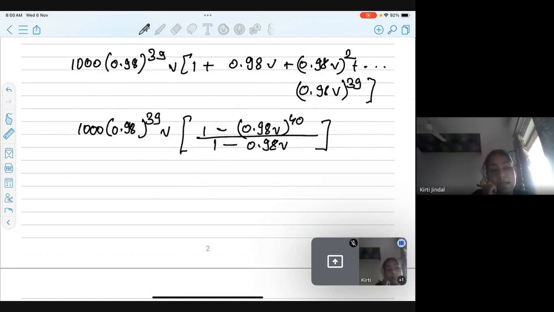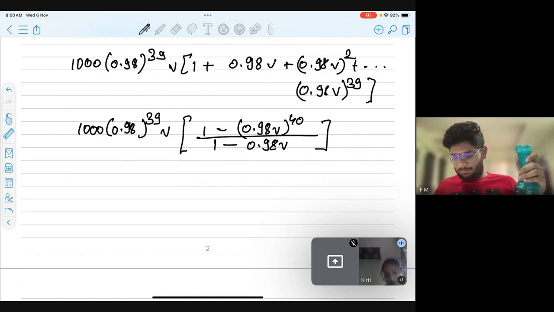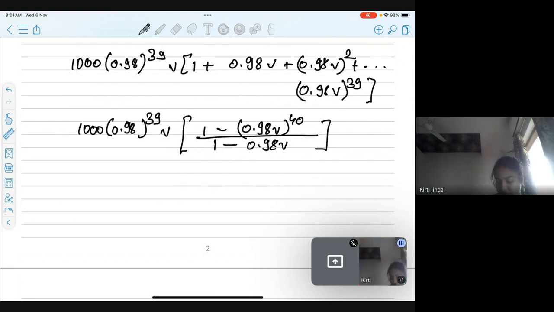When the loan outstanding balance immediately after the 40th payment, we usually take out the annual installment, but the annual installments are not the same here, so I'll go with that equation.